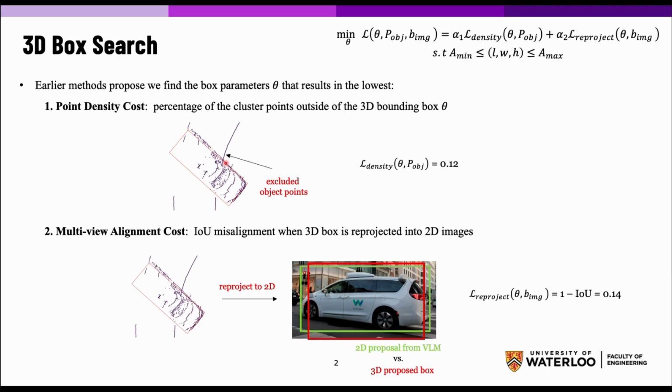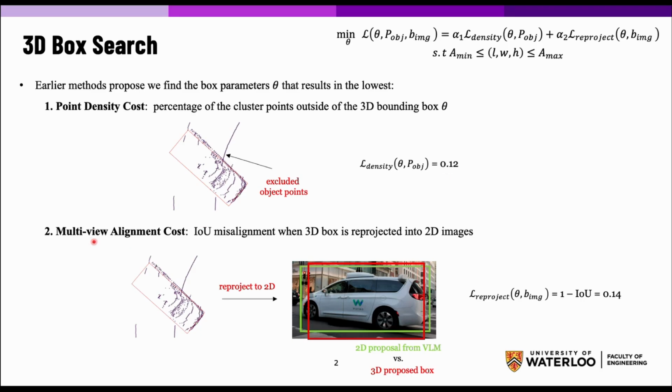So here you can see in a potential pseudo label, there are object points that are slightly outside, but for the most part, the object is well labeled. Because we want all the points to be inside the pseudo label, this cost term will penalize the fact that there's a surface that is leaking out of the bounding box, and you'll accumulate some loss because of it.